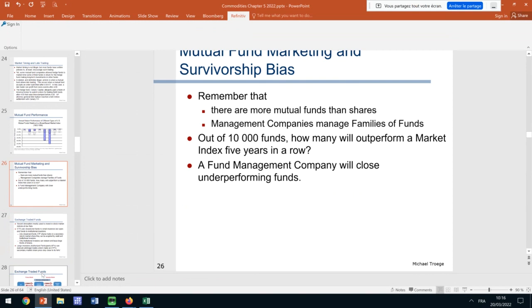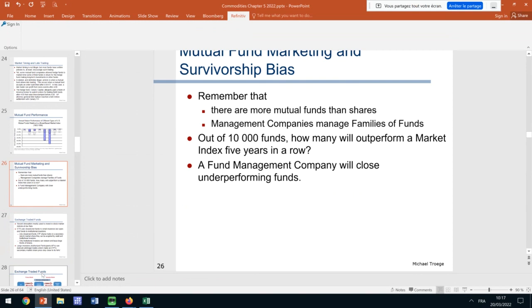But actually, no. They have only eliminated, killed, liquidated the funds that did not perform well, and kept the overperforming ones. By doing this, they give the impression that they can really overperform, but it's based on a selection bias.